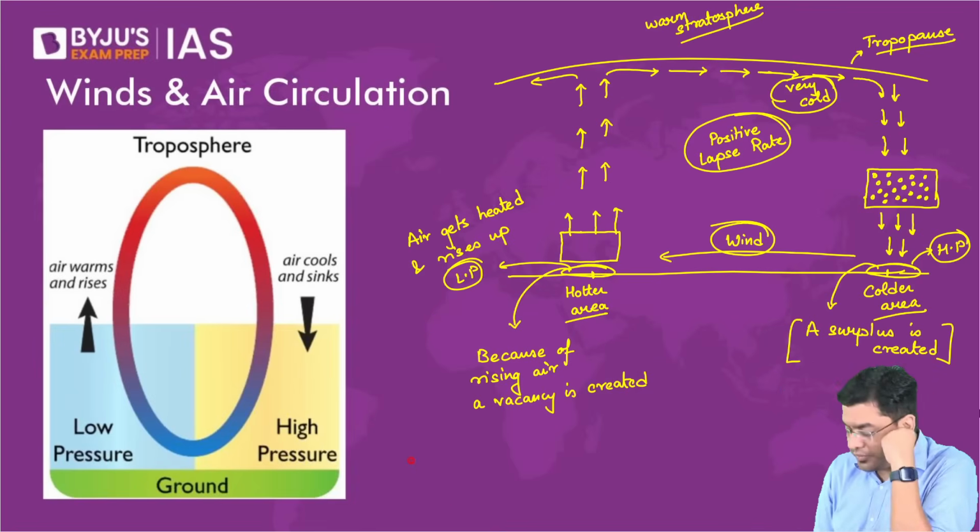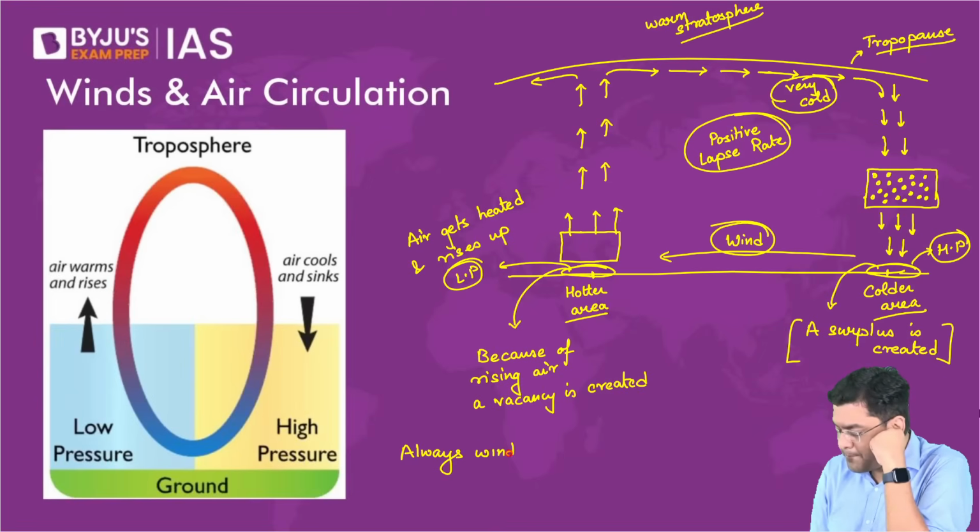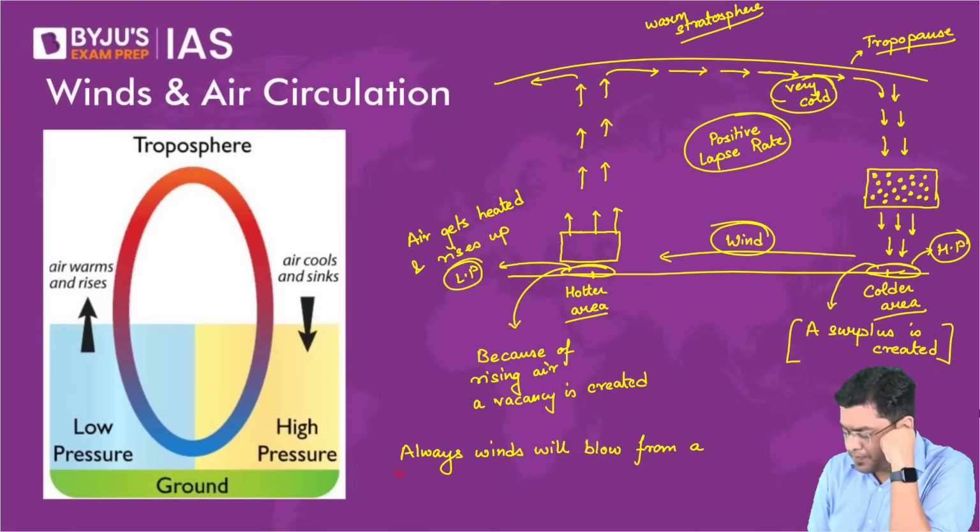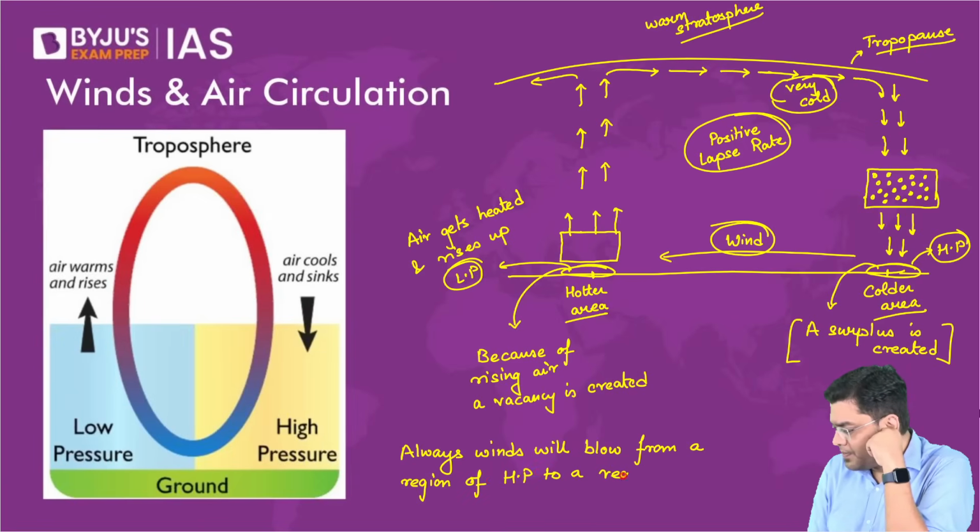So always, winds will blow from a region of high pressure to a region of low pressure.